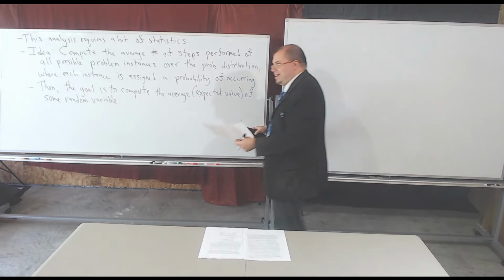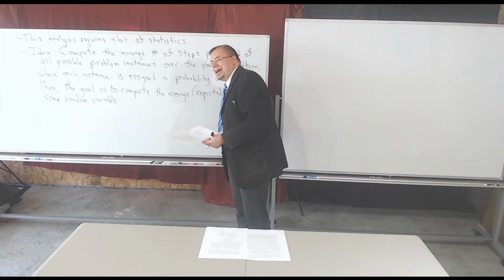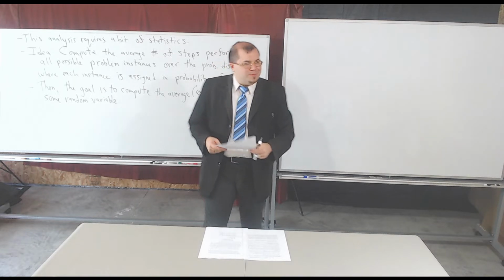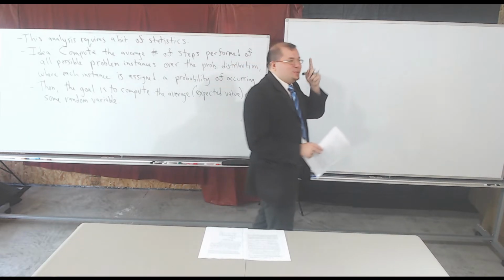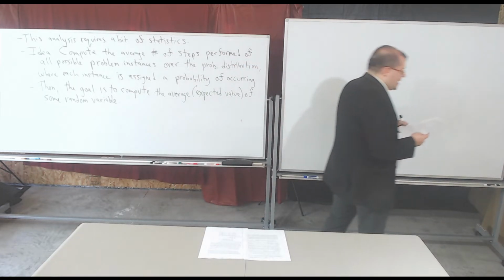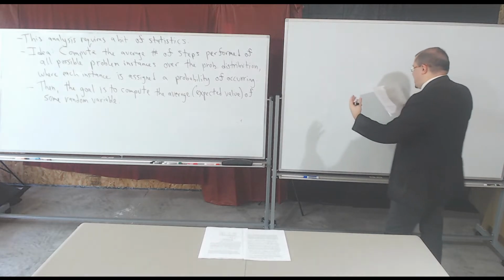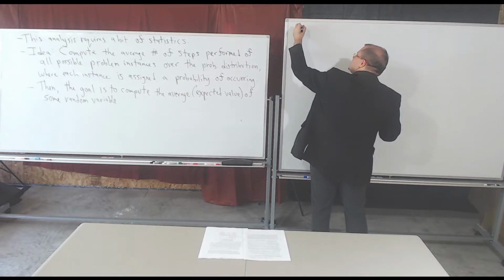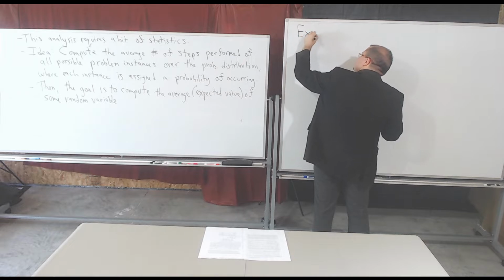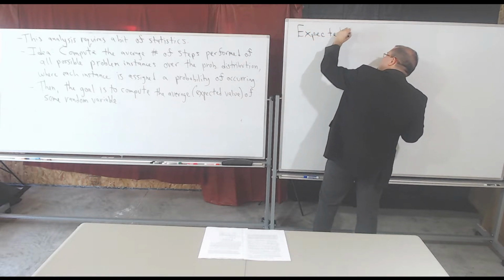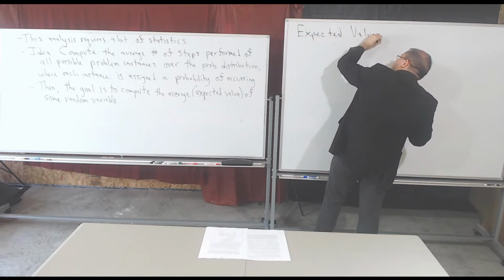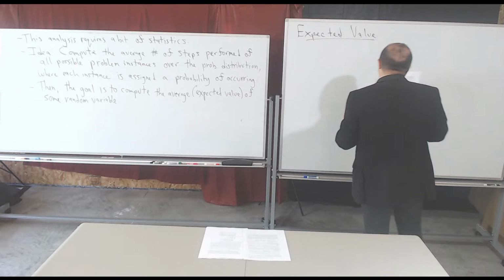It's just what you would expect it to do. So I'm going to define expected value, and do an example of how you can use it to do average case analysis for linear search.